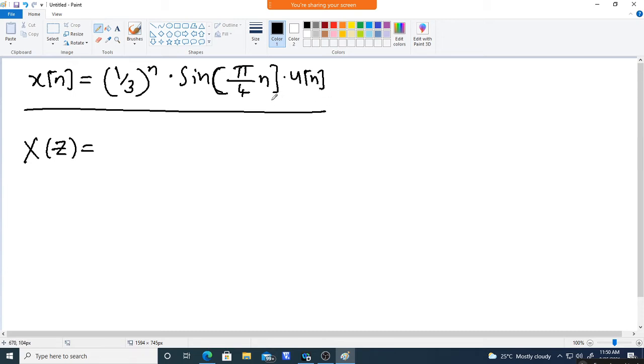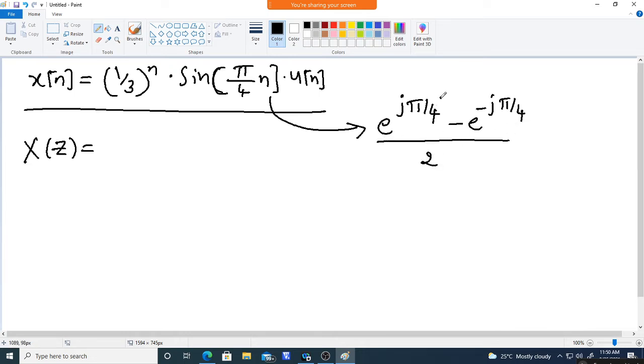Now here, you can take the sine of pi by 4 n and split it as e power j pi by 4 n minus e power minus j pi by 4 n, divided by 2j. That is the exponential signal. So we can replace this sinusoidal signal with the exponential signal and try to get the z transform.